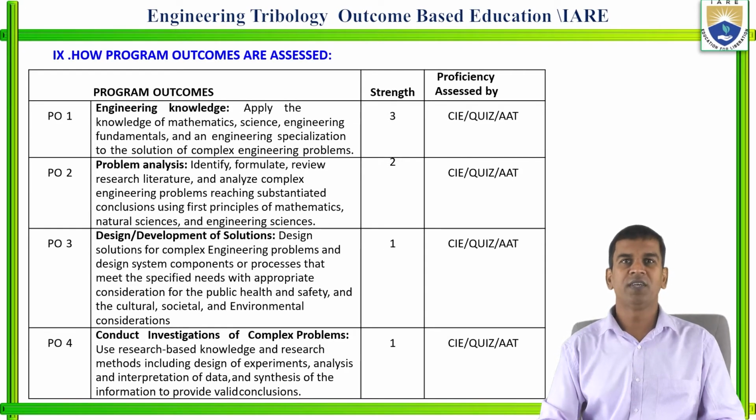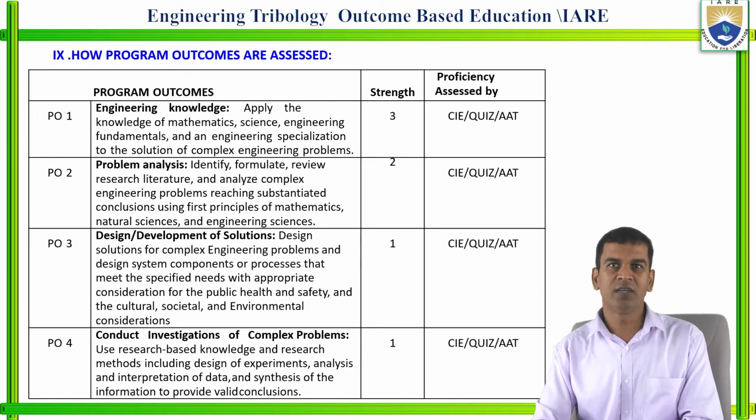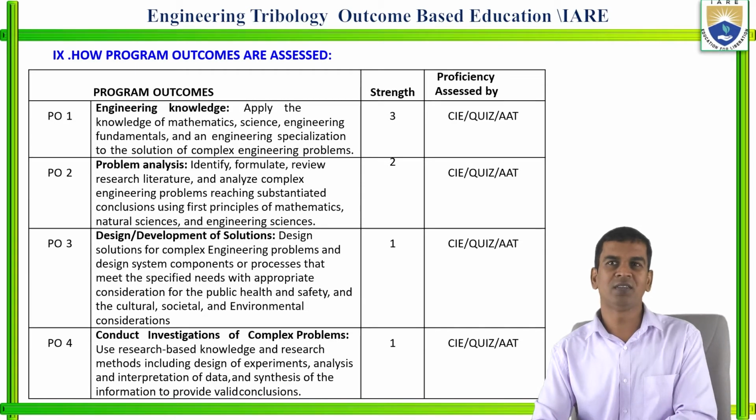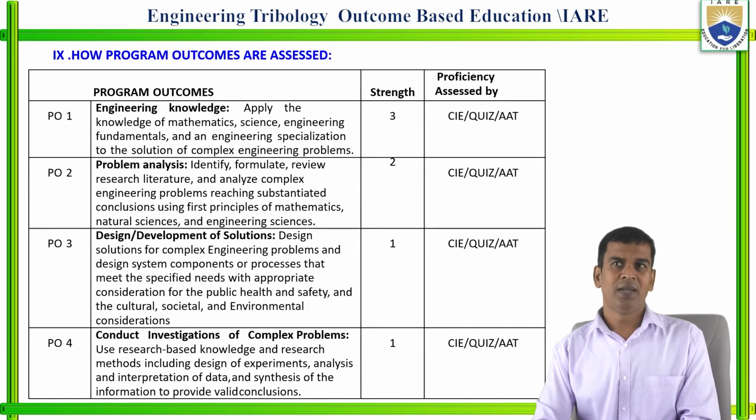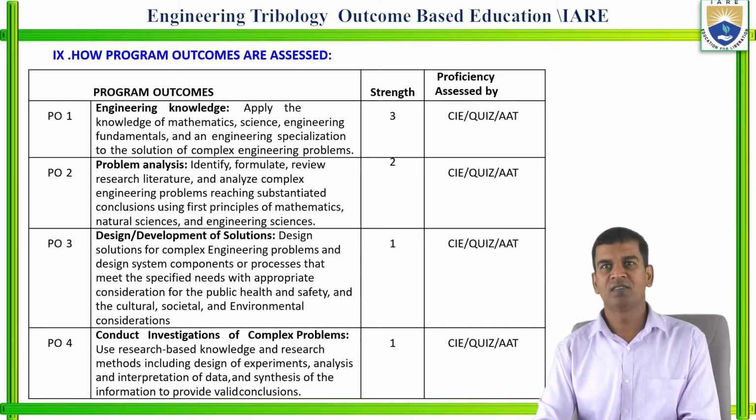Now we will try to see how program outcomes are assessed. PO1, engineering knowledge, will be given a strength of 3, and it is evaluated by CIE, quiz and AAT. Similarly, PO2 is problem analysis: identify, formulate, review literature and research.